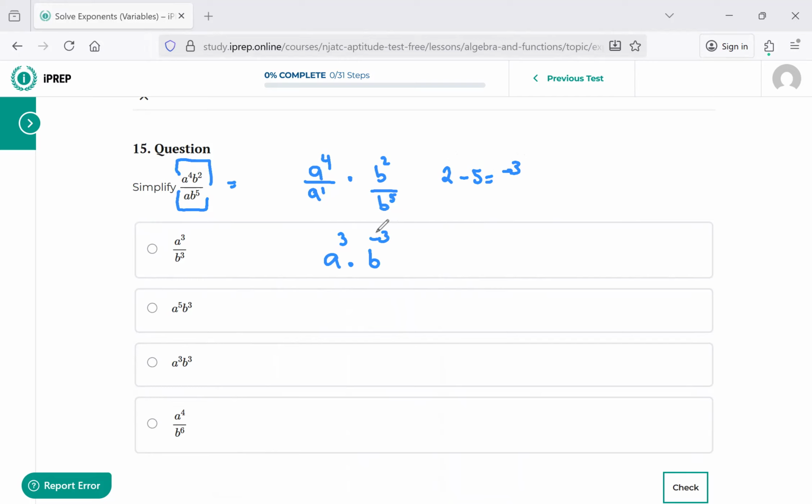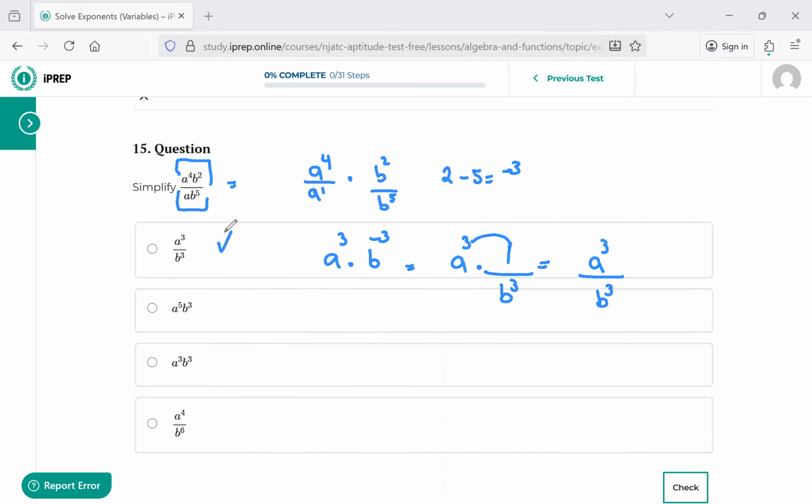Now, do you see our answer? No, not yet, because we have to simplify it. If you look at all our choices, they are all positive exponents. So we're going to simplify it. Start with a cubed, and then b to the negative 3 as a positive power is 1 over b cubed. And then multiply this out. What's 1 times a cubed? a cubed, and then b cubed.